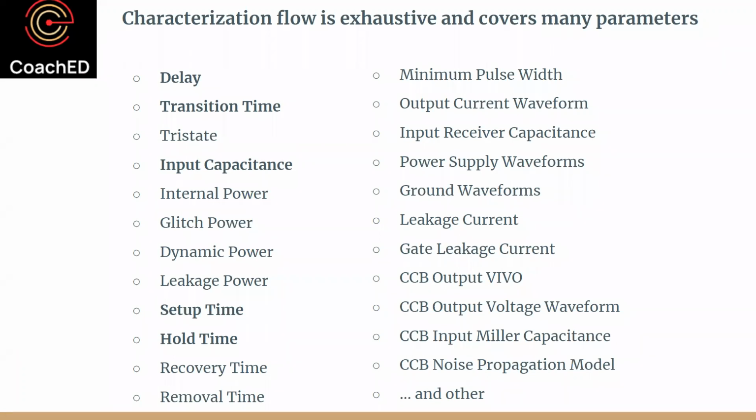Since you're not running simulation, there needs to be a model for a lot of these effects, which the analysis tools can refer to and then run a modeling exercise to predict whether the chip or the circuit is meeting its spec or not meeting its spec. That's one of the reasons why we have so many different parameters being characterized.